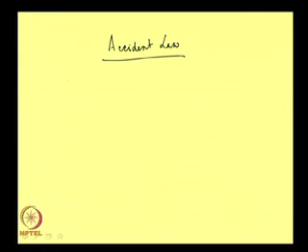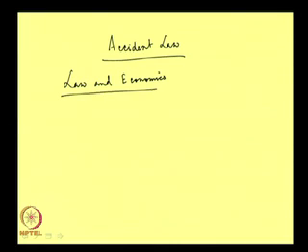Law and economics is basically a subdiscipline within economics, where what is tried to be analyzed is the effectiveness of laws, whether these laws are in line with economic principles such as efficiency, productivity, etc. And can we have certain laws which are efficient in the economic sense, or can the laws be improved? So, here also we are going to look into a particular sort of law which is known as accident law.